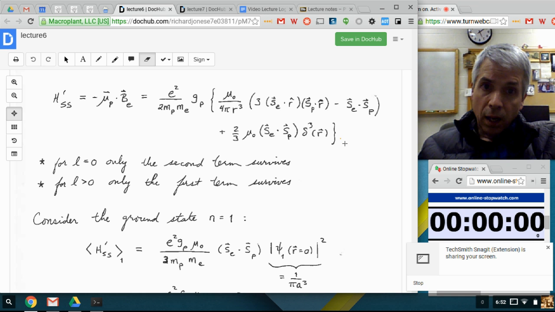Here are these coefficients that came along with it that express the scaling factors that go with the magnetic moments of the two particles. Here we see the inner product of the two spins. And here is what the delta function does when you sandwich it in between two wave functions.